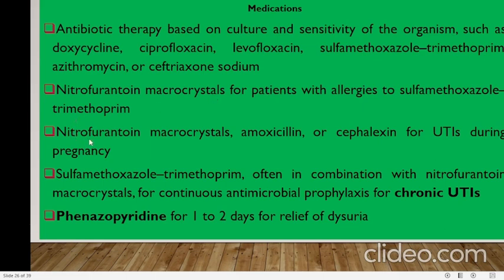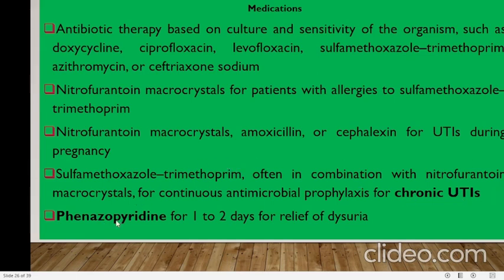Nitrofurantoin microcrystals, amoxil or cephalexin for UTIs during pregnancy. Sulfamethoxazole trimethoprim, often in combination with nitrofurantoin microcrystals for continuous microbial prophylaxis for chronic UTIs.